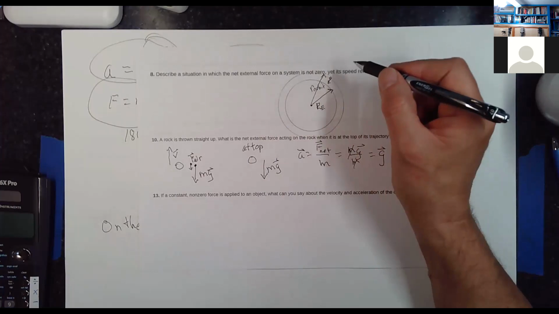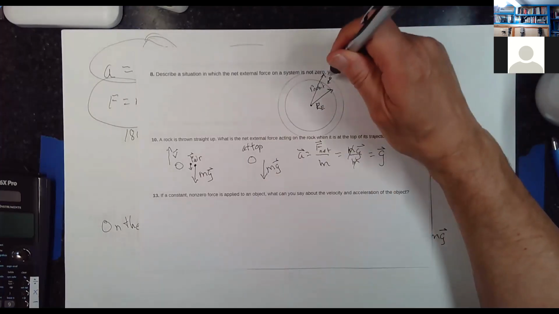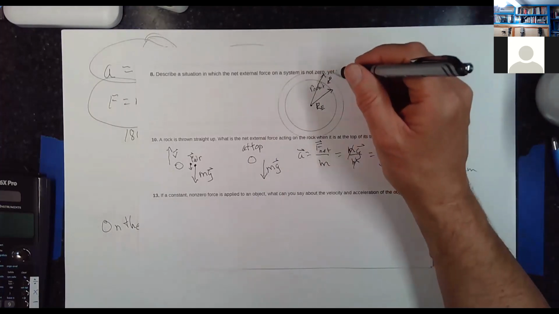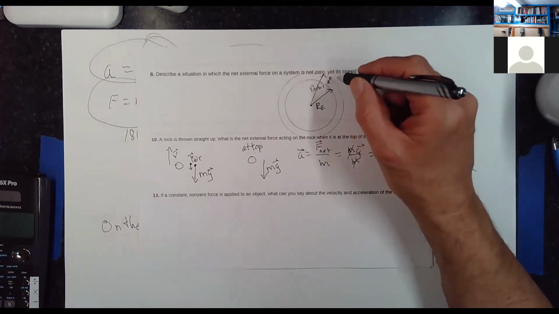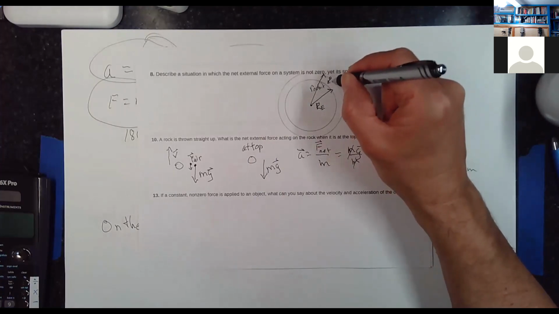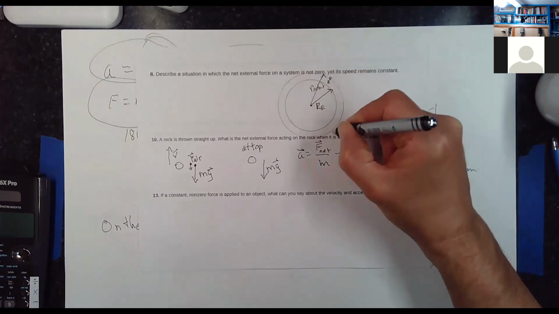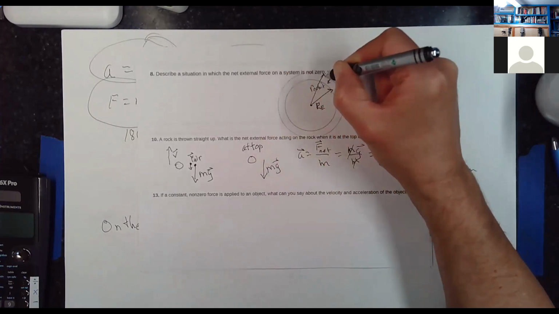But it's not zero, but the speed remains constant. And that's because they have a sideways speed, and they put the satellites into orbits so that the Earth's gravity acts on them just enough to bend their path, but keep them at the same altitude.